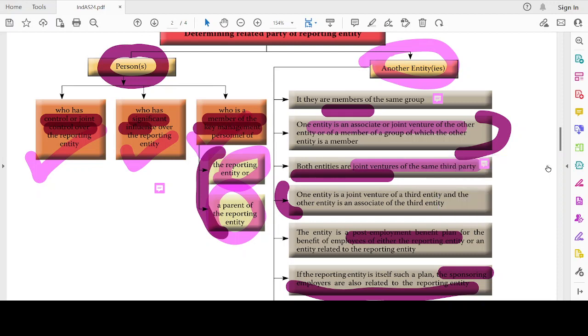Now, one entity is a joint venture of a third entity, and the other entity is an associate of the third entity. Let's have another example here.